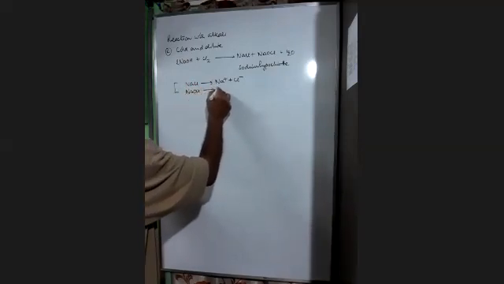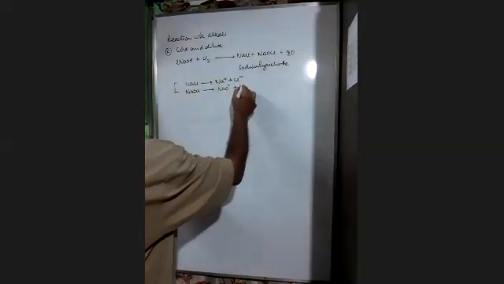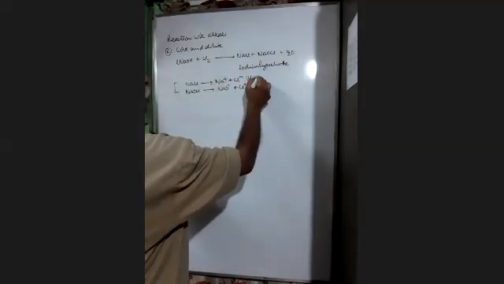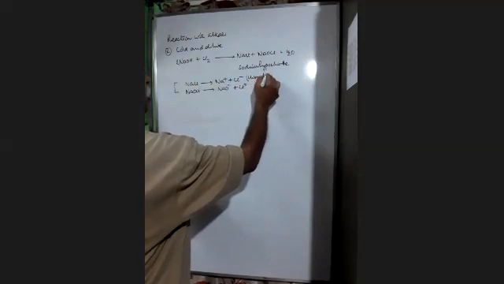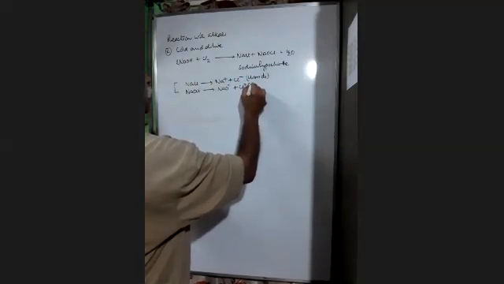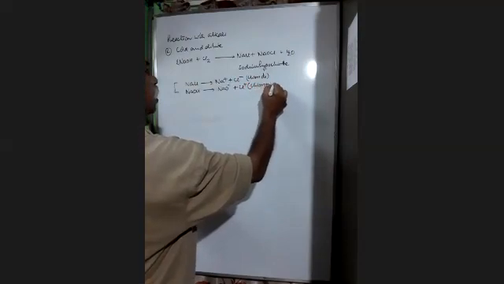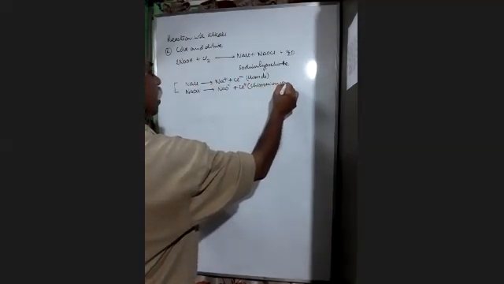NaOCl dissociates in a very interesting way. Oxygen is more electronegative than chlorine, so you will get Cl plus. Because of that, this reagent is very, very important. See, Cl minus is called what? We call it chloride. Then what do you call Cl plus? We call it chloronium ion.